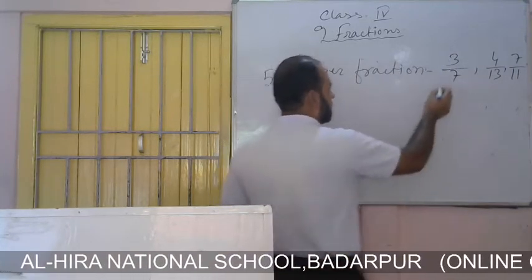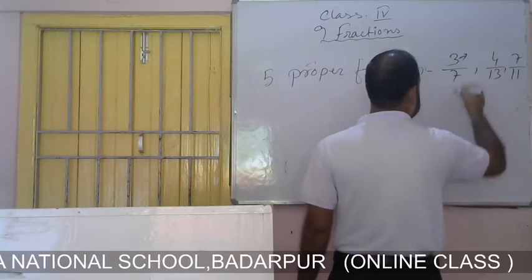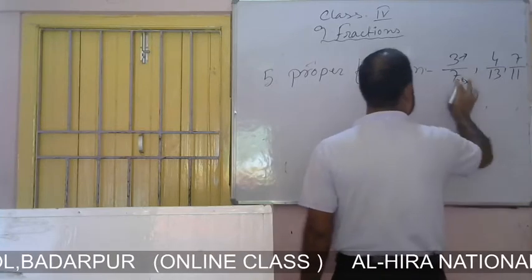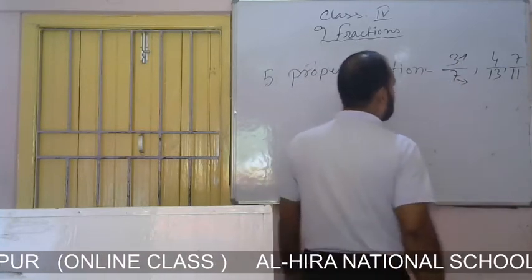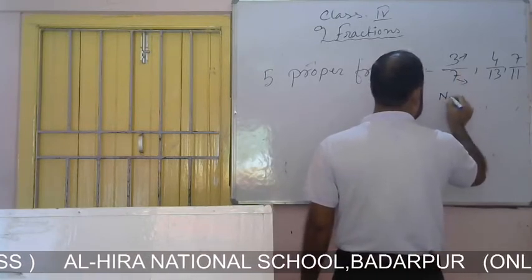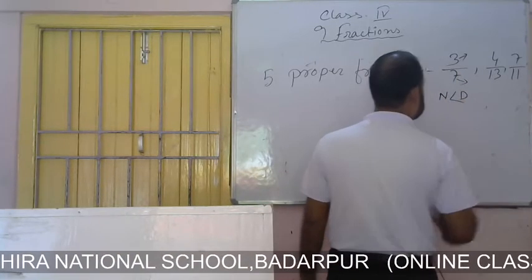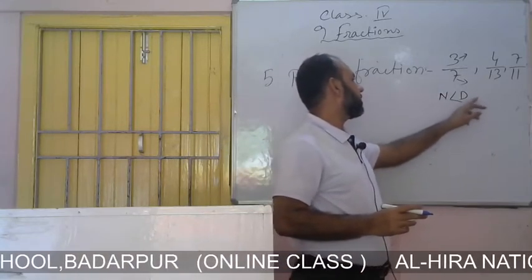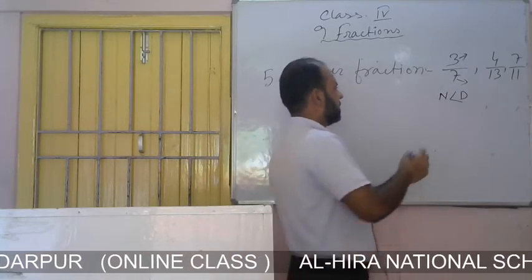So here 3 is the numerator and 7 is the denominator. 3 is smaller than 7, so the numerator is smaller than the denominator.